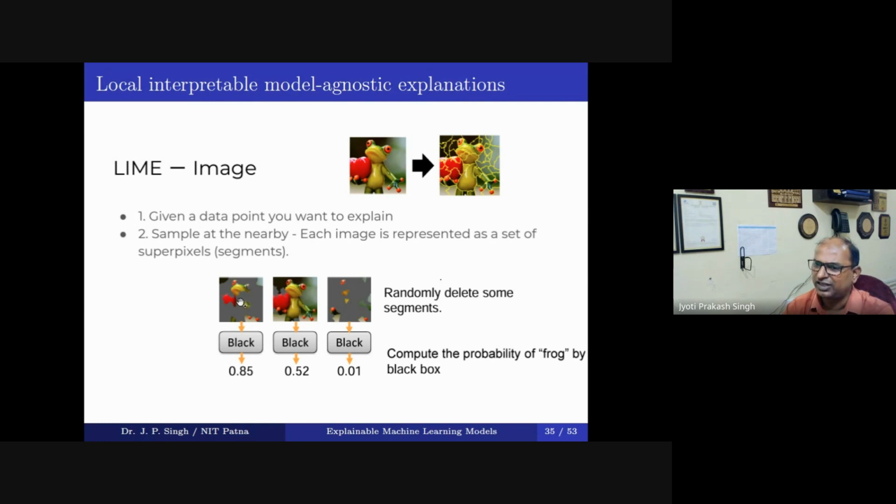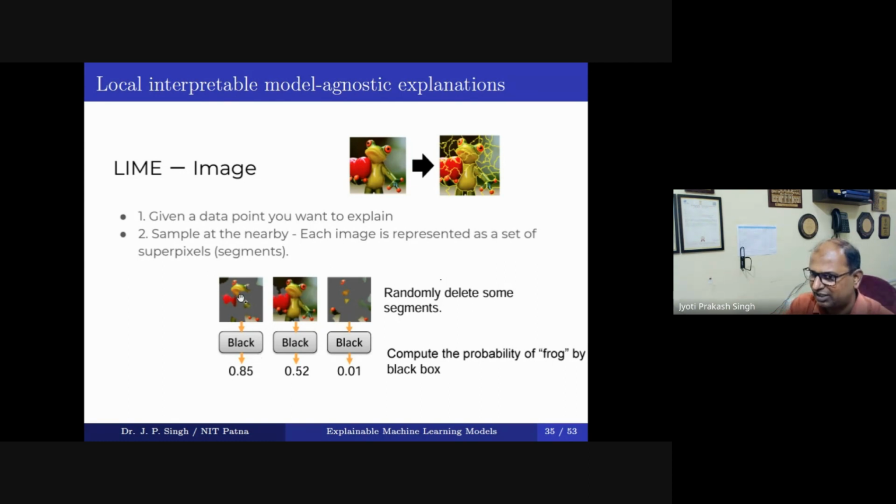Then you pass these images to the black box model, and the black box model gives its output as 0.85. That means this is a frog. For this one, 0.52, still a frog. For this one, 0.01, that means this is not a frog. Similarly you give so many images, so you have created so many data points.